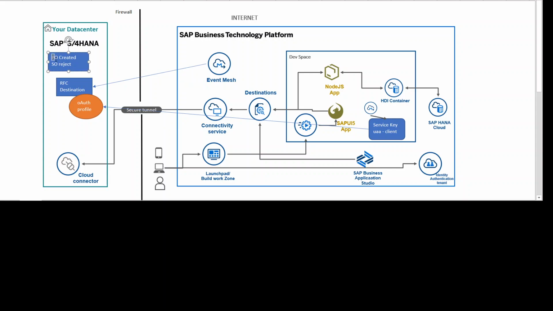One example is a PO created event, which needs to be communicated. There is a daemon user that runs in the S4 system that internally consumes this RFC destination. This RFC destination consumes the OAuth profile and then sends the request from the RFC destination to event mesh.